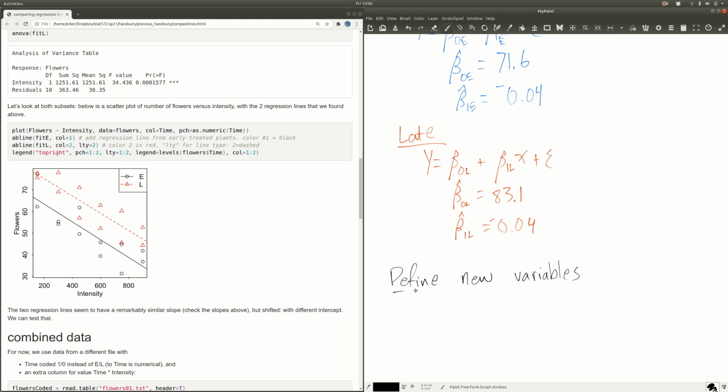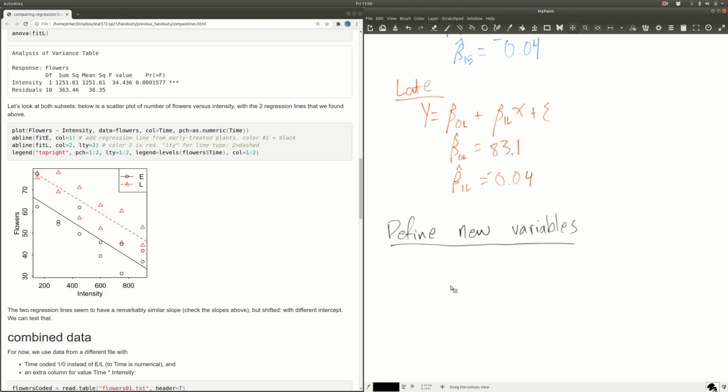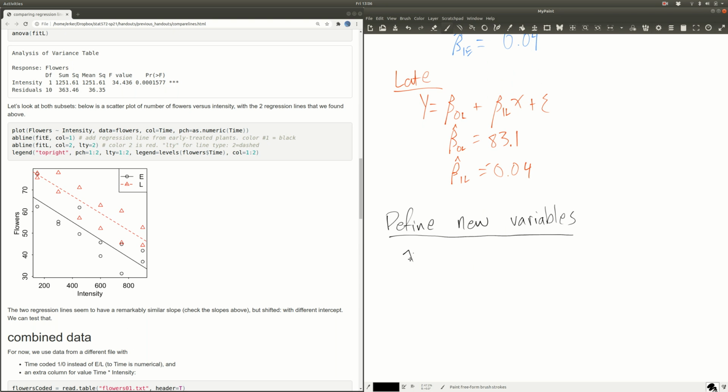Okay. So let's call x1 is x up here, which is light intensity. Let's say that x2 is equal to 0 if the light treatment is late, and 1 if the light treatment is early.